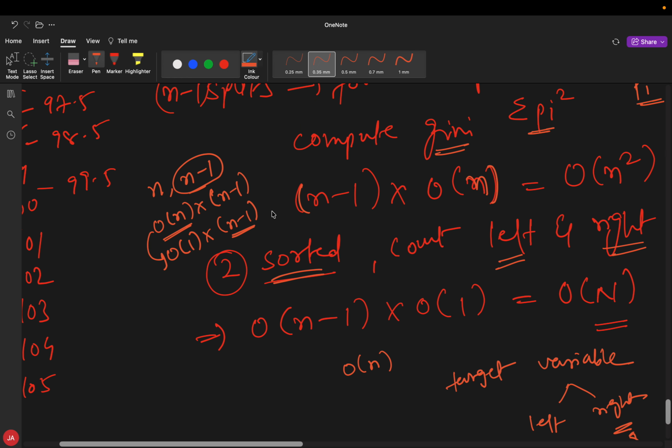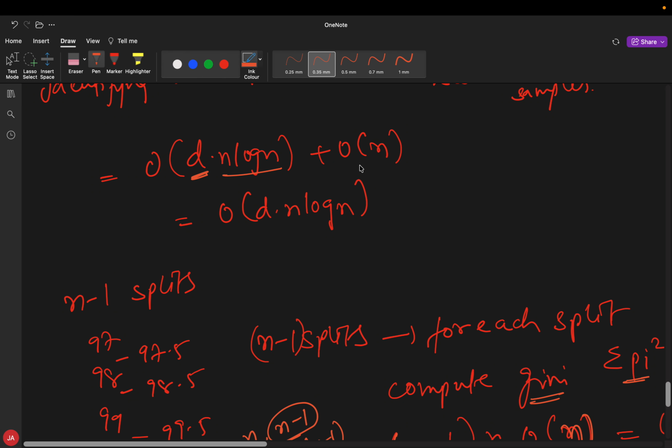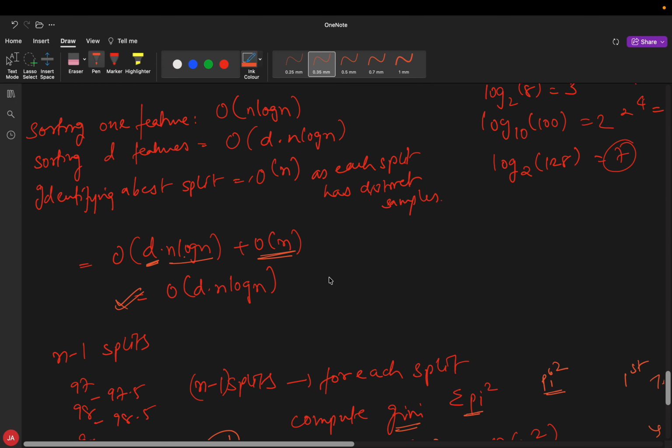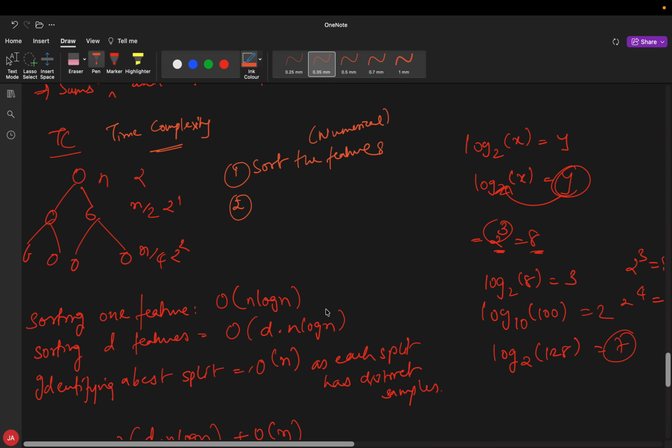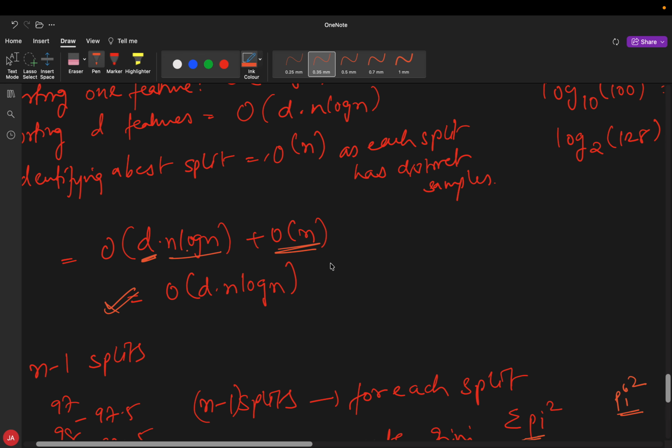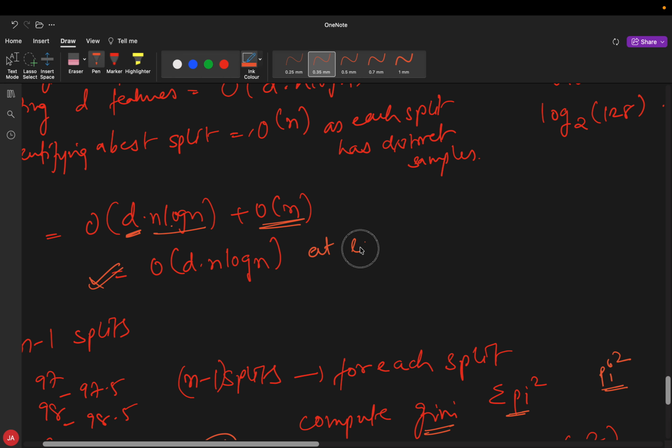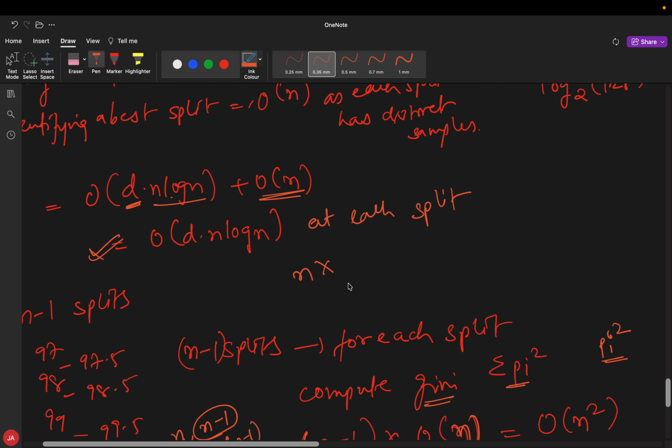Therefore the threshold search is O of n, and sorting is d into n log n. It is just an addition, so we can write the complexity as d into n log n at each split for a decision tree. So if it makes n splits, it would be n into this.